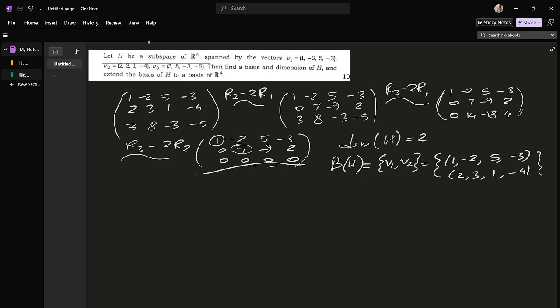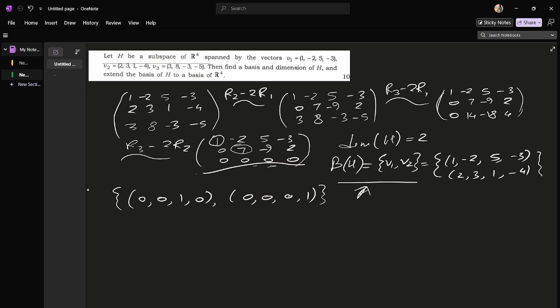Then it will be a basis for R to the power 4. So we have nothing much to do. We only add the vectors 0, 0, 1, 0 and 0, 0, 0, 1 to our basis of H.